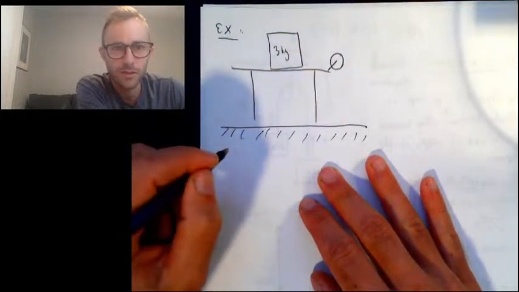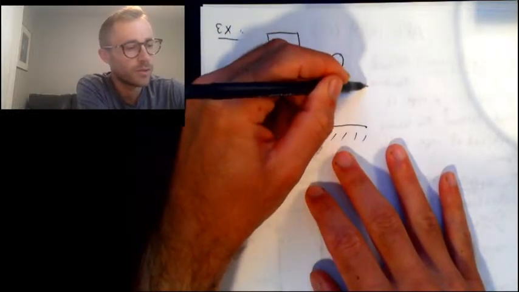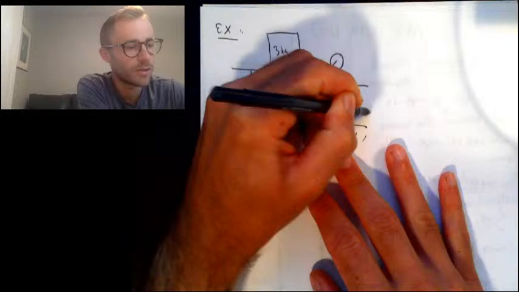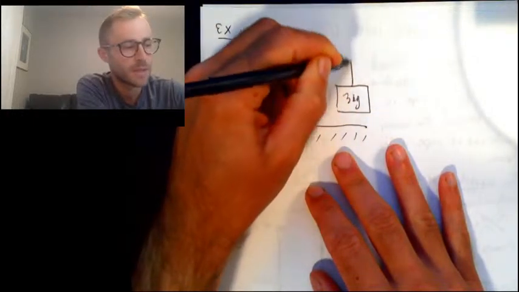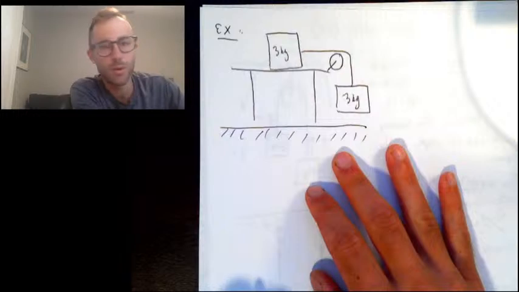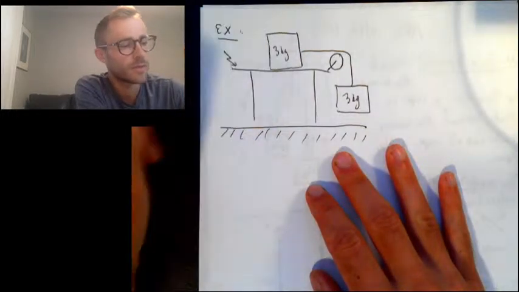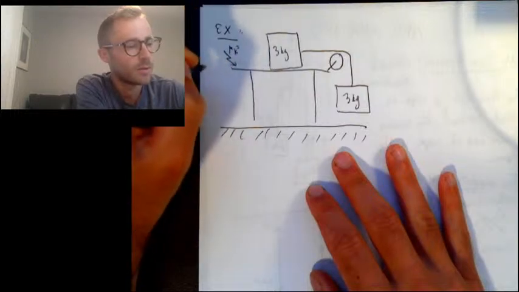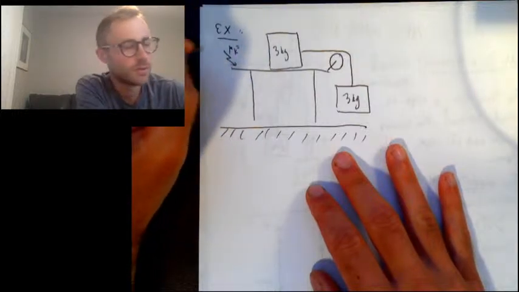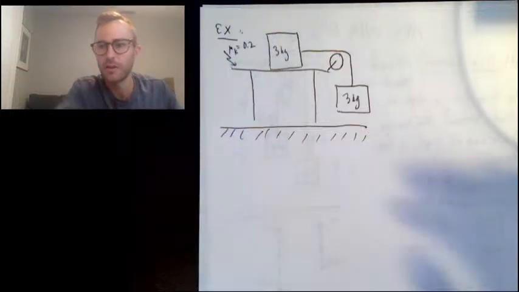And then there is also a 3 kilogram mass that is dangling, and these two are connected by a rope. There is a coefficient of kinetic friction, which is equal to 0.2 between the table and the block. Okay.